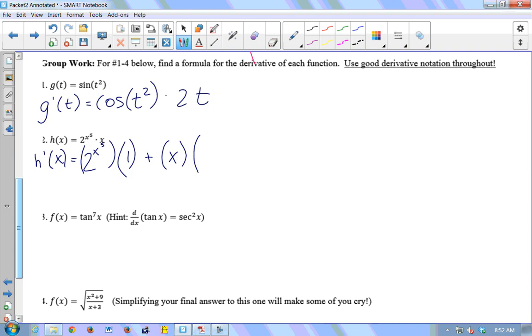Now I have to take the derivative of 2 to the x to the 5, which is a composition. The derivative of 2 to some stuff is 2 to the stuff times the ln of 2. So this is 2 to the x to the 5 times the ln of 2. Then I have to multiply by the derivative of the stuff, which was x to the 5th. What's the derivative of that? 5x to the 4th.